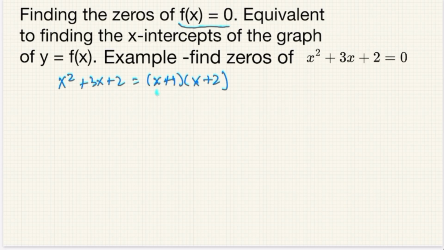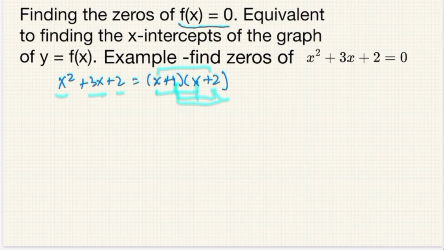First is x squared, that term there. Outer plus inner: the outer is 2x, the inner is x, so 2x plus 1x is 3x. Then the last, which is 1 times 2, gives us the 2 term. So we agree, and we just showed how it expands out.